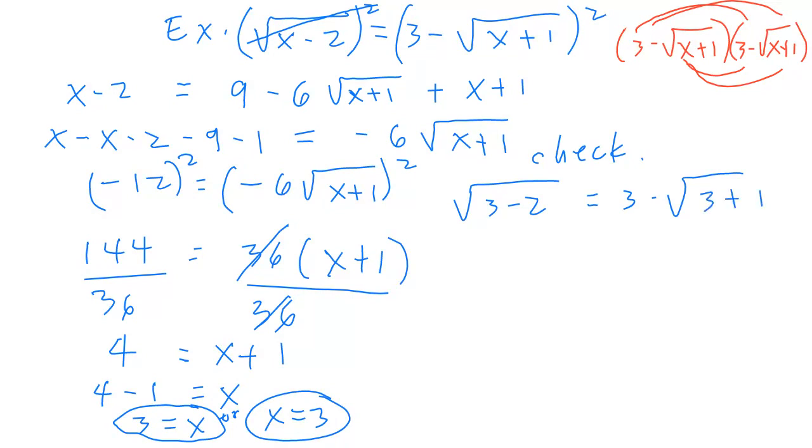So 3 minus 2 is a 1. Square root of 1 is a 1. Equals 3 minus, that's 3 plus 1. That should be 4. And square root of 4 is 2. So this one is true. So we have only one value for x here, which is 3, which is the true value.